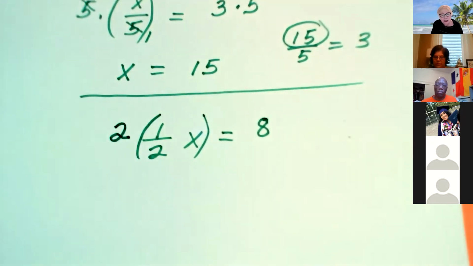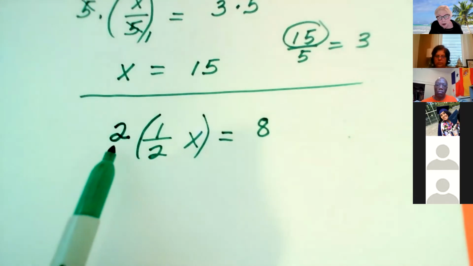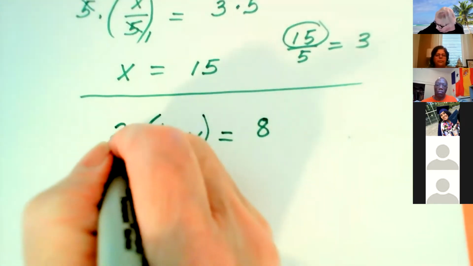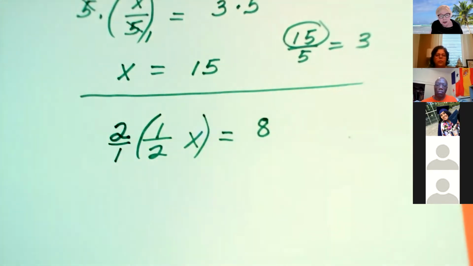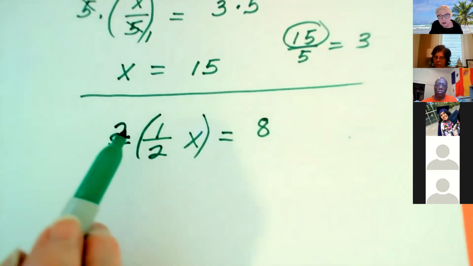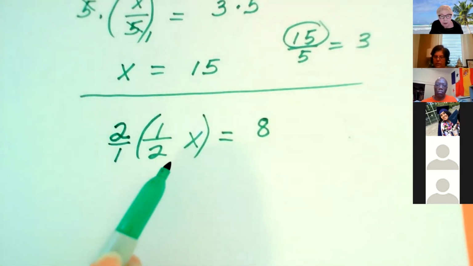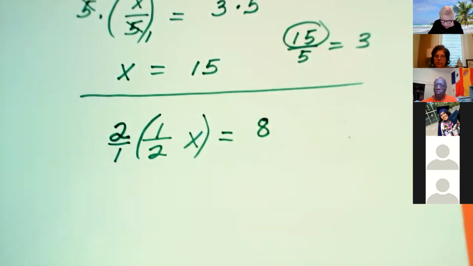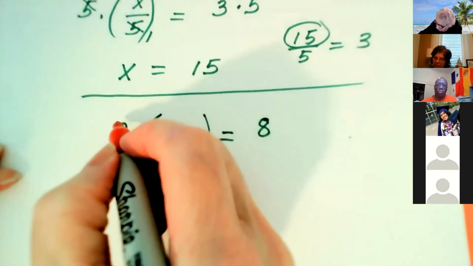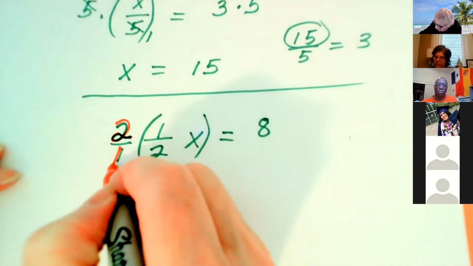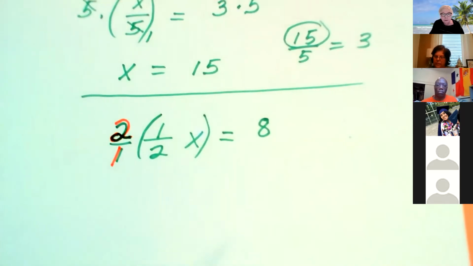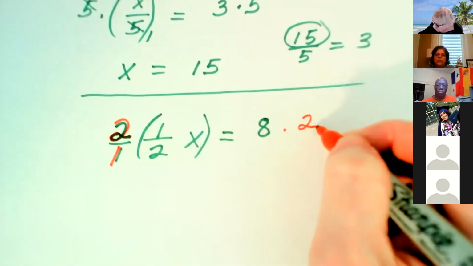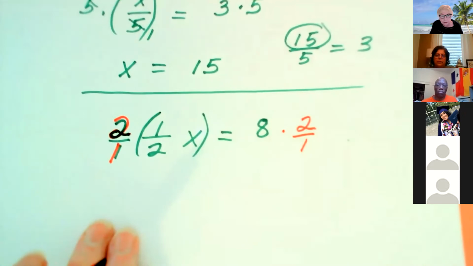Now, let me just put that there and see if you see why that worked. I multiplied this side by 2, or what amounted to 2 over 1. Do you see how that would cancel? Yes. But the minute I multiply the left, I'm going to switch colors just to show you I can. So when I multiplied this side by 2, I then had to multiply this side by 2.